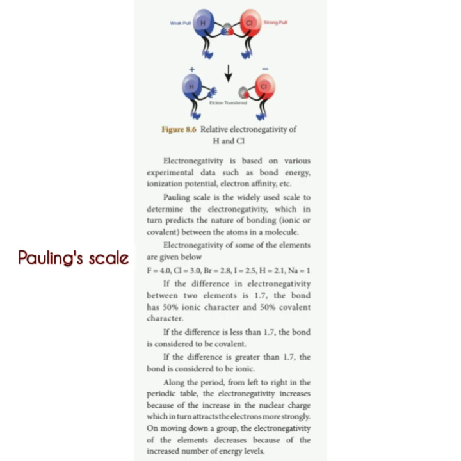If the difference value is greater than 1.7, it is said to be ionic. Once again, when the electronegativity difference between two elements is equal to 1.7, the nature of the bond is 50% ionic and 50% covalent. If the difference is less than 1.7, it is purely covalent. Greater than 1.7 means it is purely ionic.